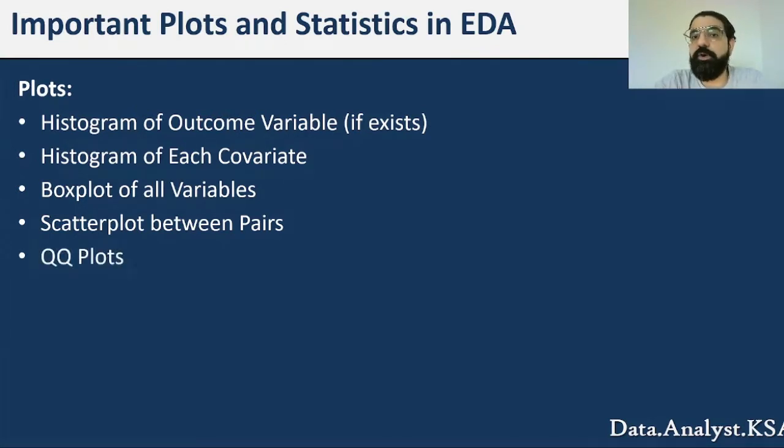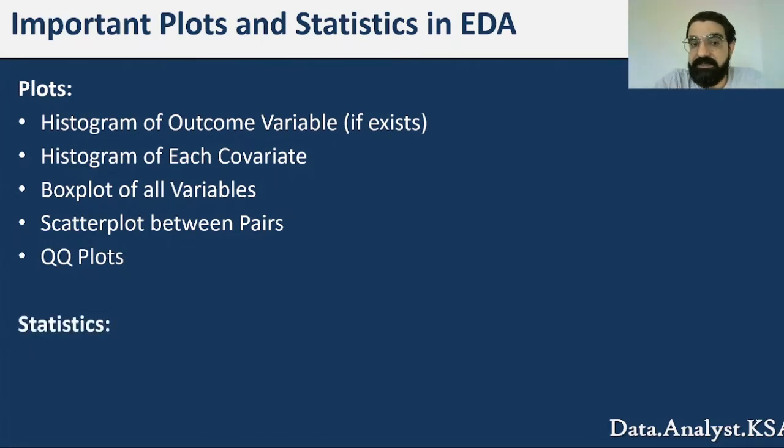You also do quantile to quantile plots, mainly to check the assumption. So for example, if your method assumes that the data is coming from a normal distribution, you might want to do a normal QQ plot. This helps you compare the distribution of your data to the theoretical distribution that you are intending to assume.